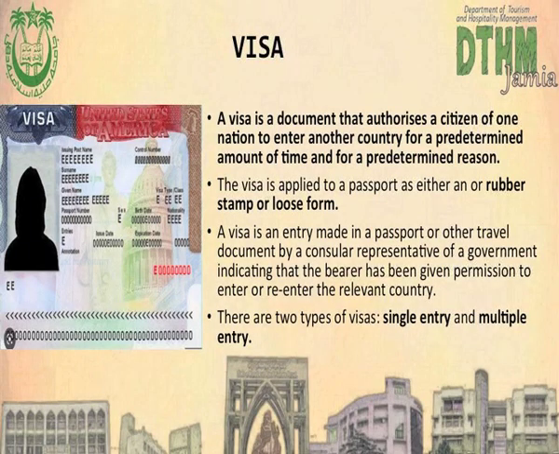It could be required for the individual who needs the visa to obtain the visa upon arrival if they are not the nation's resident or citizen. The visa can also be obtained upon arrival in selected nations. A visa is an entry made in a passport or other travel document by a consular representative of a government indicating that the bearer has been given permission to enter or re-enter the relevant country.